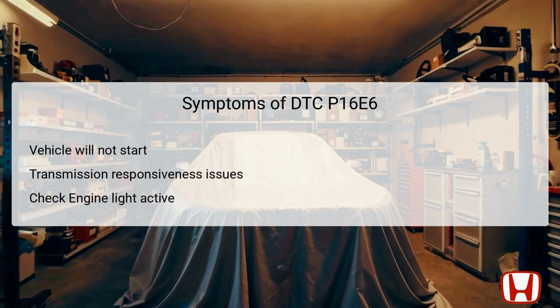Usually, the check engine light will illuminate, signaling that there is an issue that needs to be addressed. Understanding these symptoms allows drivers to recognize when to seek professional help and inform technicians about the specific issues they are experiencing, thus speeding up the diagnostic process.